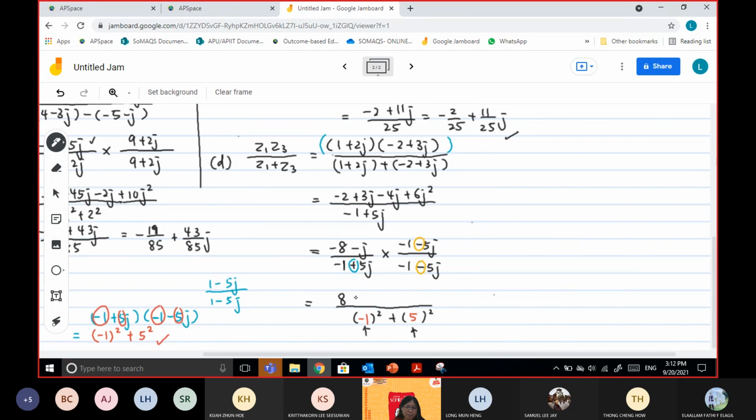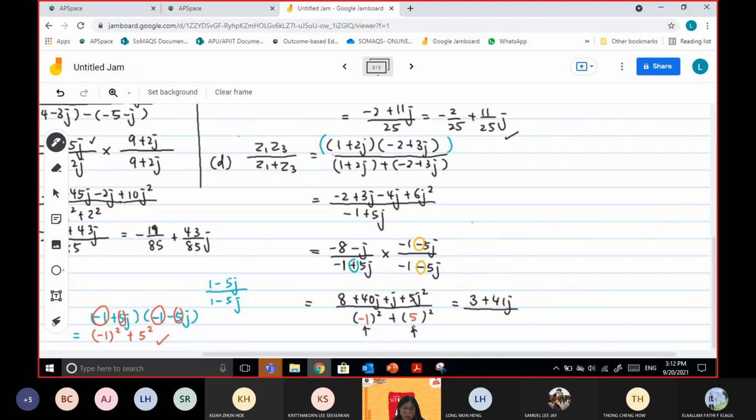So 8, then plus 40j, then plus j, then plus 5j squared. After simplifying, is it correct? Since j squared is -1, 8 minus 5 is 3, then 41j, correct.